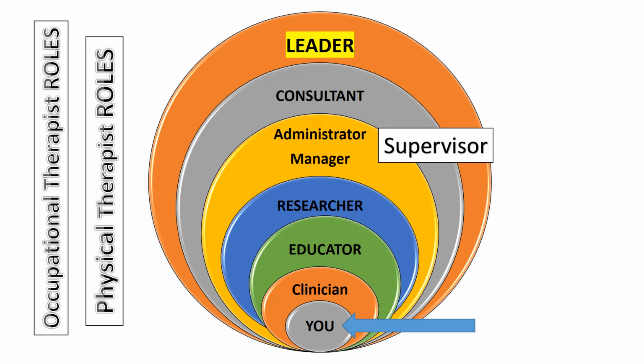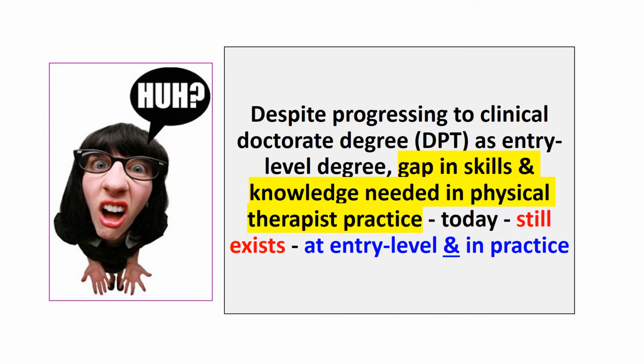In addition, though, as occupational therapists and physical therapists, you can assume all of these different roles at different times: as an educator, a researcher, an administrator, manager, supervisor, consultant, and also leader. And when we start talking about the role as the leader, we can also add that role as the advocate for patients, clients, and for society.